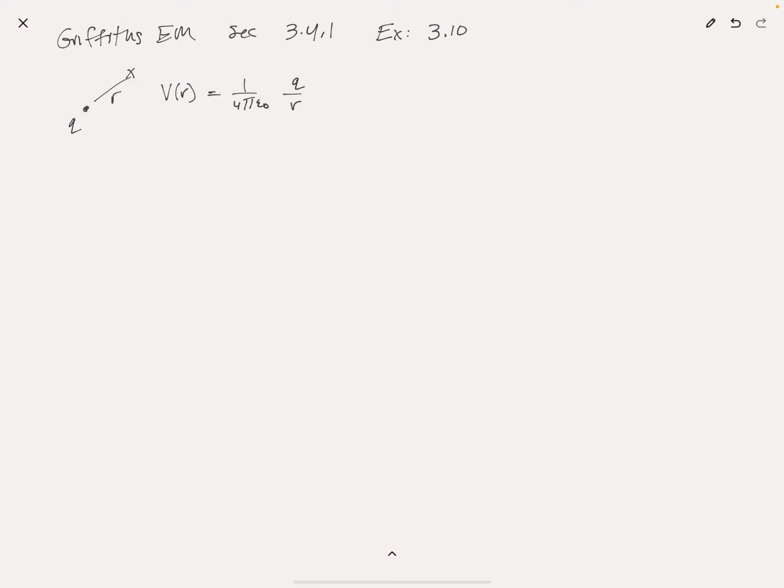I can also say, all right, well, I don't know exactly what that single charge looks like. Maybe if I look close enough, it's a distribution of charges, some assembly of discrete things. And far enough away, I can still write that the potential at that point in space is 1 over 4 pi epsilon naught.